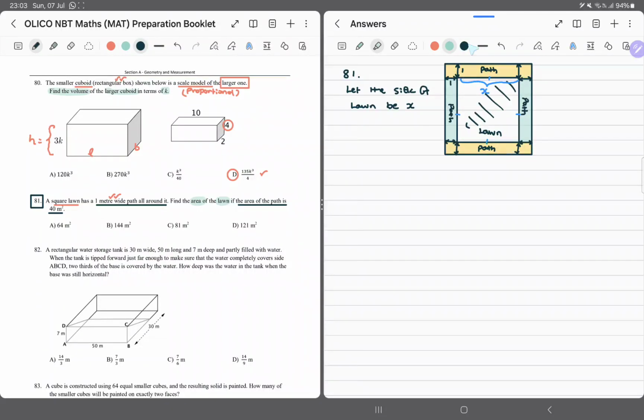So we can say here then, of course, we know that the area of the path is equal to, now remember this is rectangular, so it's going to be 2 times length times breadth, because it's that area and this area, plus 2 times length times breadth. This is essentially those green areas.